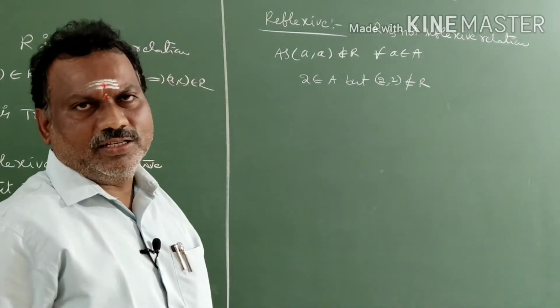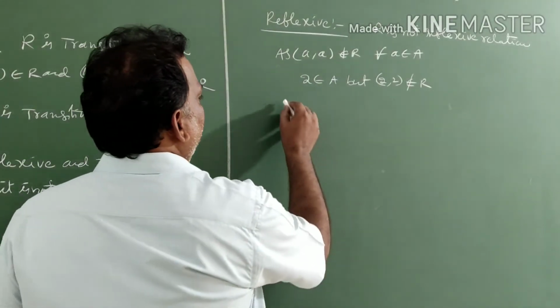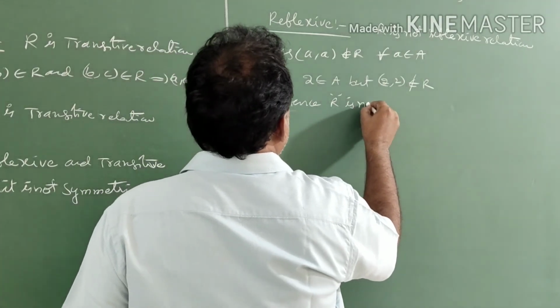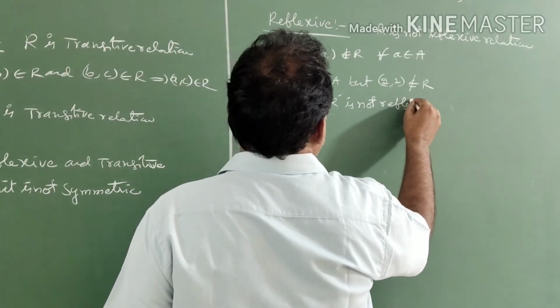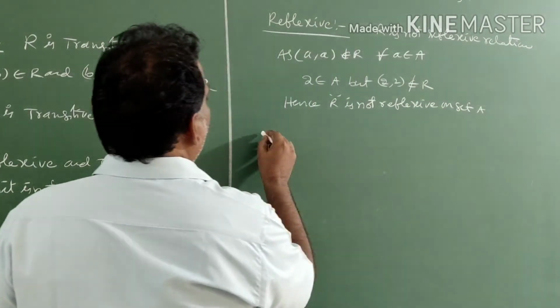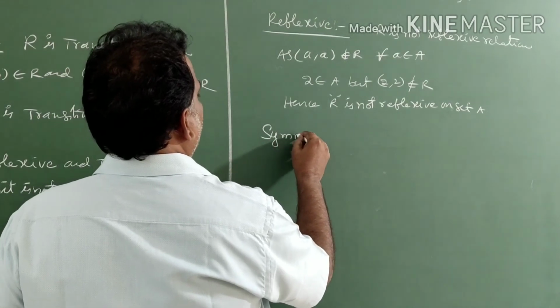That's why it is not a reflexive relation. Hence, R is not reflexive on set A.